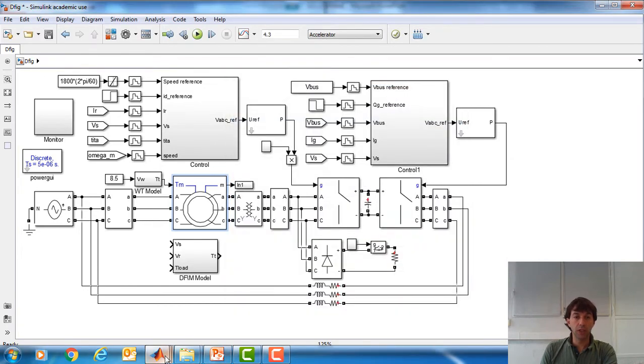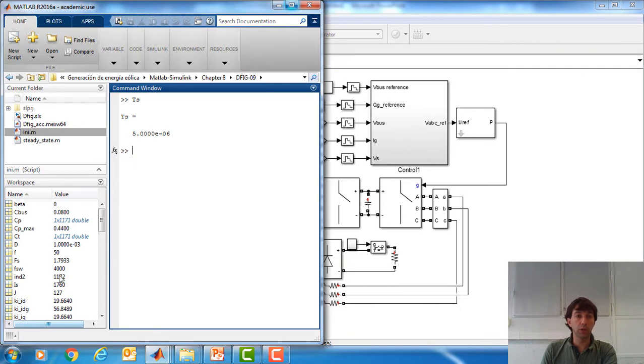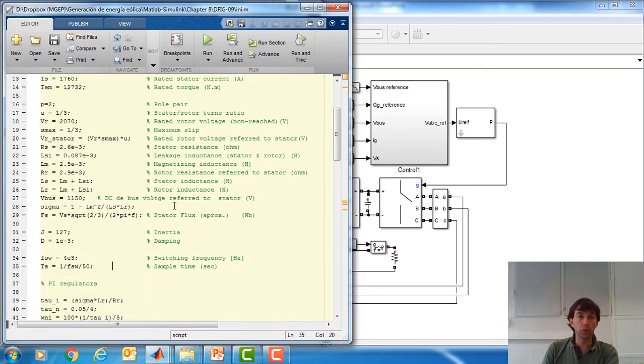So let's do it in that way, in order to be simple, in order to not go into too many details, but you could do it very simply. So let's put here 0, the damping ratio of the mechanical system of the model of the shaft, and we will only use the inertia.